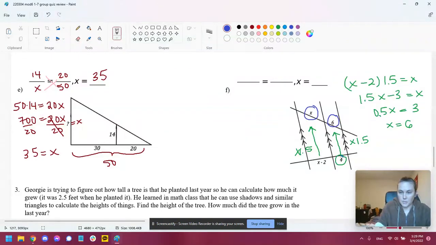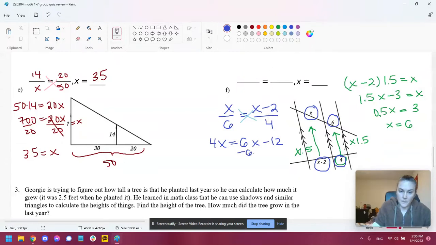The much more regular way to do this one is to say x divided by 6 equals x minus 2 over 4. Cross multiply. Get 4x equals 6x minus 12, because 6 times x is 6x, and 6 times negative 2 is negative 12. I'm going to subtract 6x from both sides.